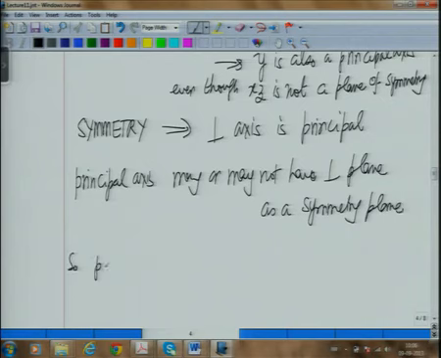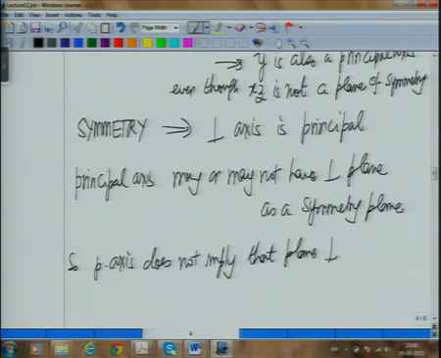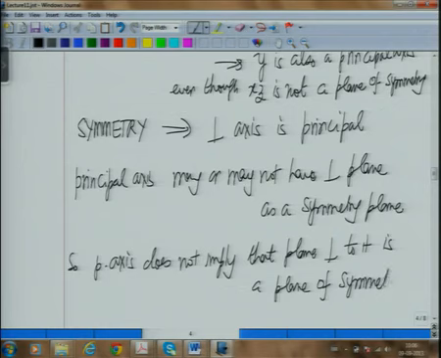So, principal axis does not imply that the plane perpendicular to it is a plane of symmetry; it may or may not be true.